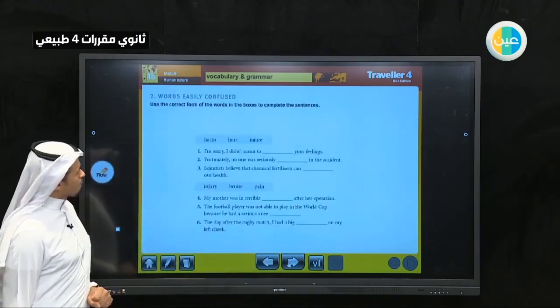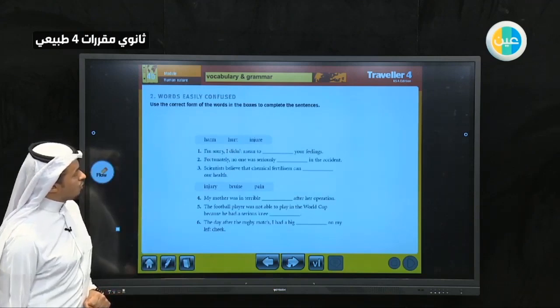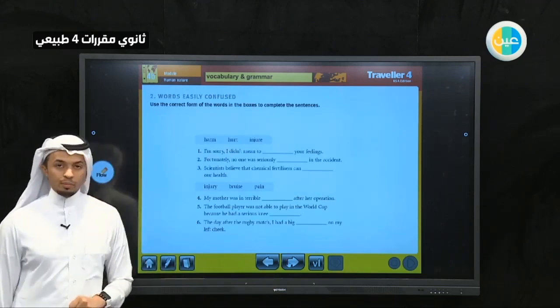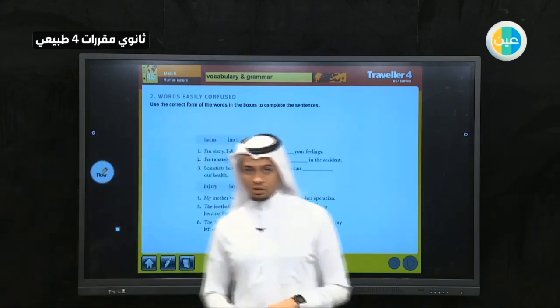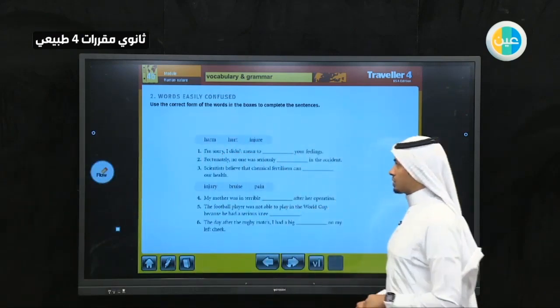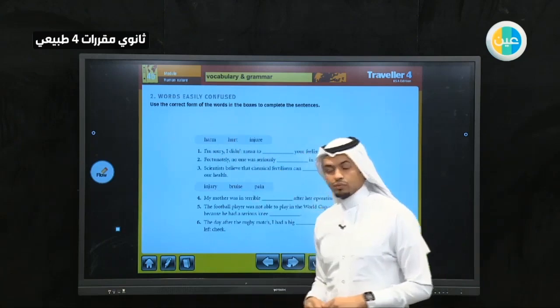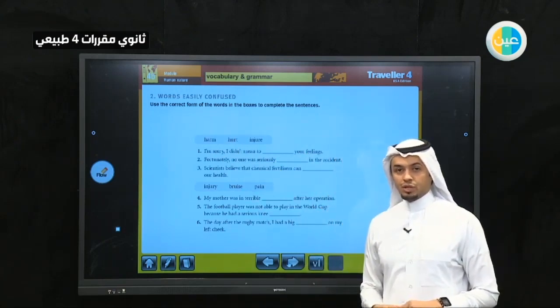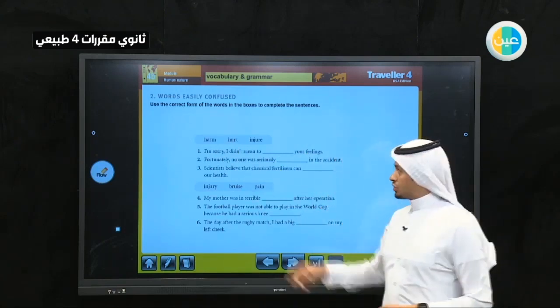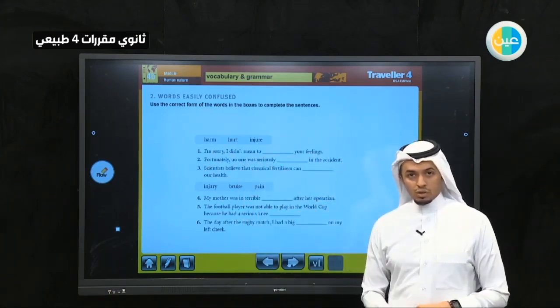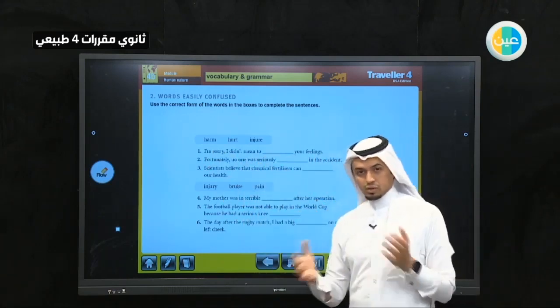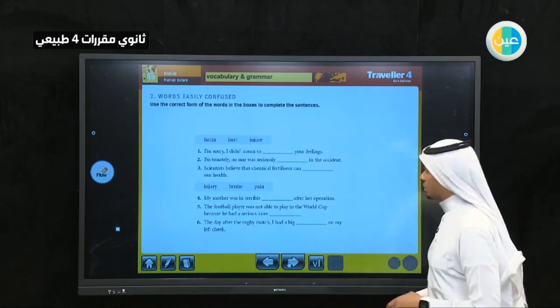Now, use the correct form of the words in the boxes to complete the sentences. We have a few words here, but you need to use the correct form. Correct form means if you need to change the word to the past, or add ing, or s, whatever you need to add.